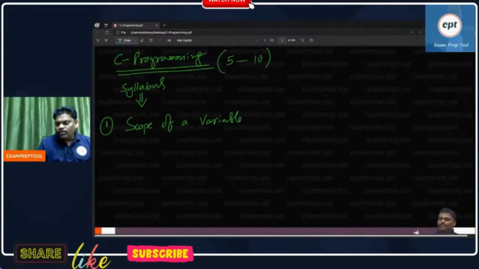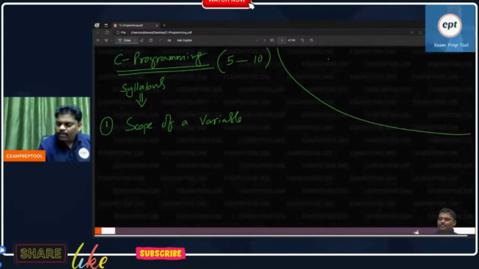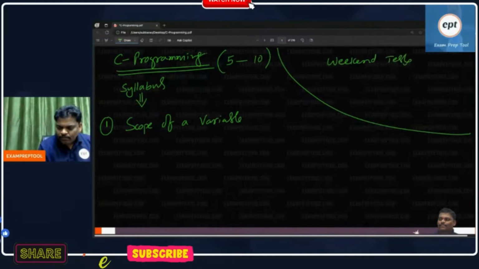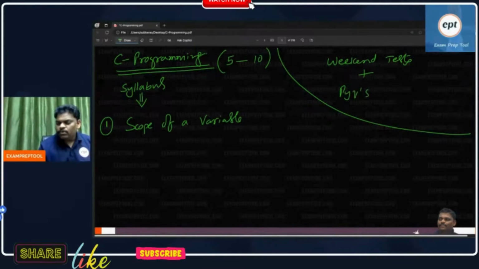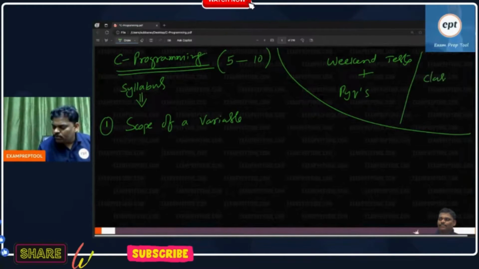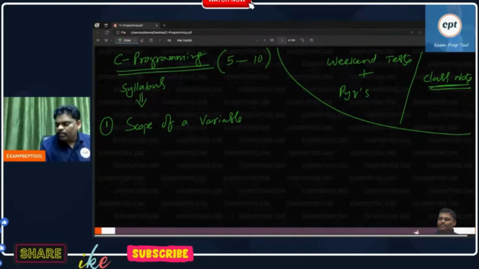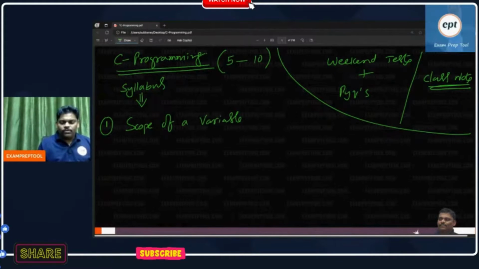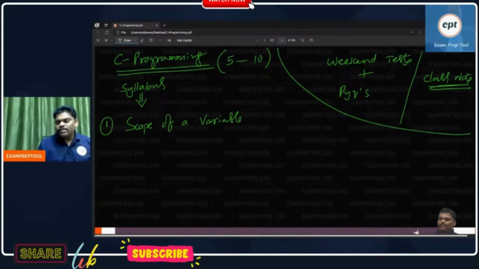You can practice the PYQs also, and write the weekend tests. Weekend tests and PYQs, I think it's more than enough. First try the class notes, followed by weekend tests and PYQs. So 5 to 10 marks: minimum 5, maximum 10 marks will come.